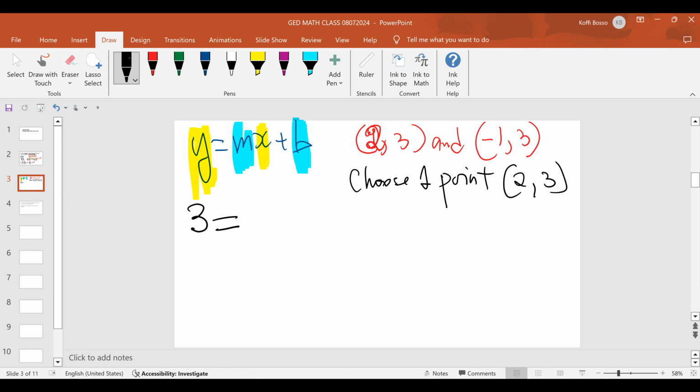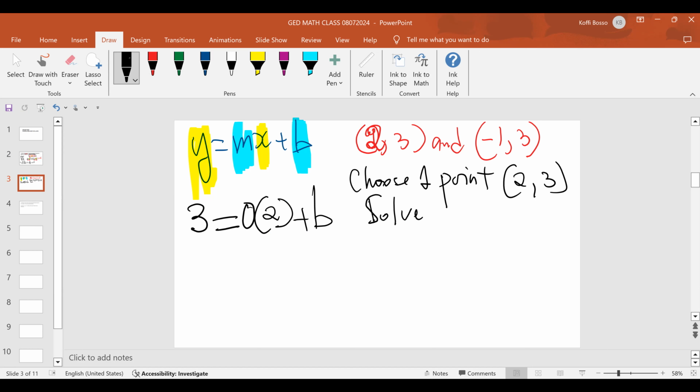Yes, 0, because we just found that slope. Do we know x for the point I chose? 2. So 0 times 2 plus b. Do we know b? No, that's what we're going to find. So we're going to solve for b.